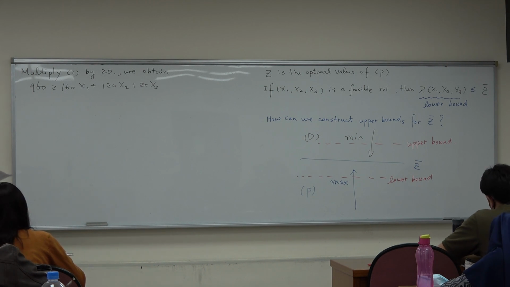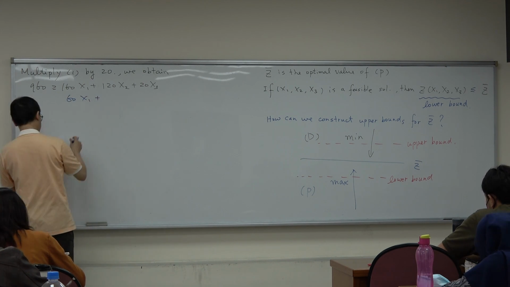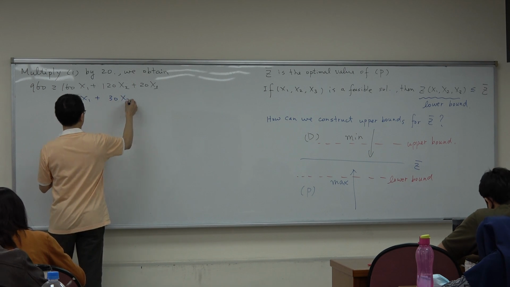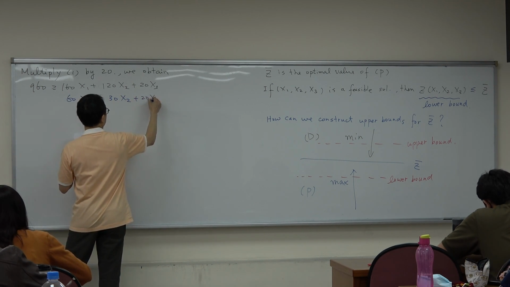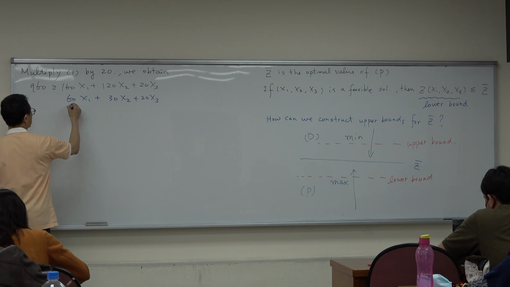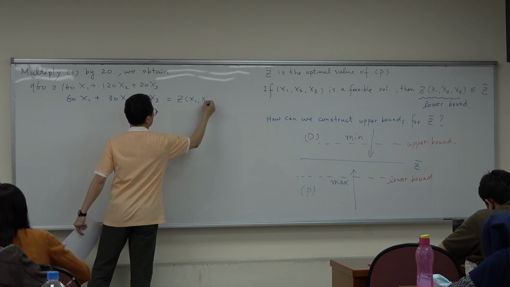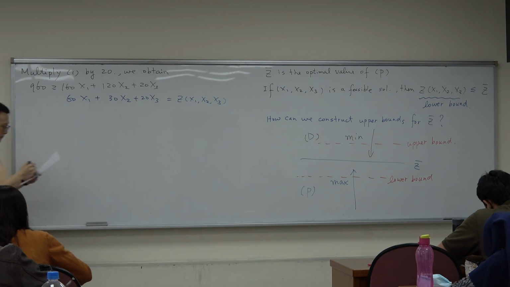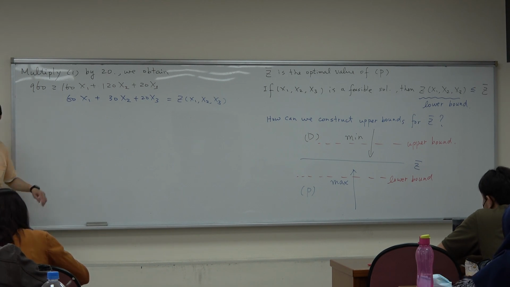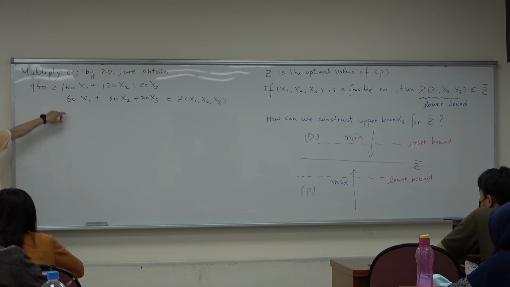And our objective function is 60x1 plus. This one is our objective function. Tell me that. What is the relation between this black one and blue one?